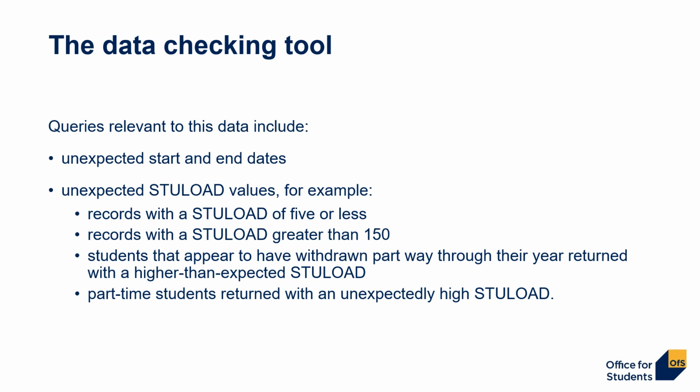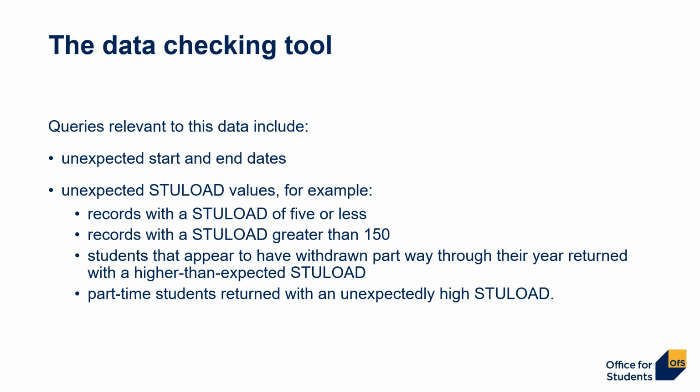To help you guys out, we are obviously going to be adding some queries and checks into our data checking tool. So these are the areas that we will be looking at in the quality checking output of the DCT. So we'll be looking at unexpected start and end dates and querying those with you. And we'll also be looking at unexpected STULOAD values, so for example, when they're really small or really big.